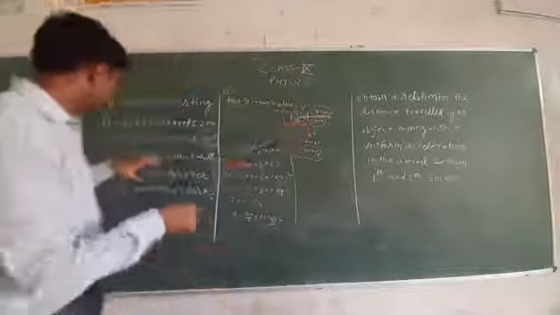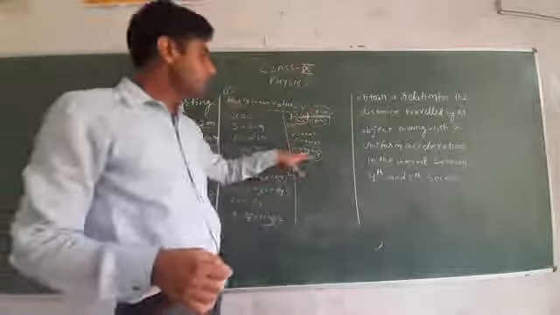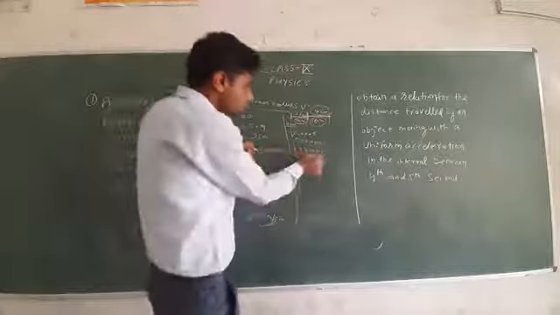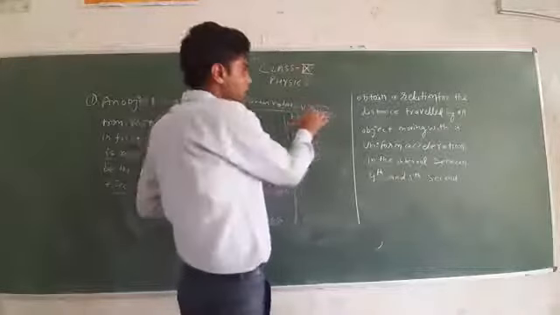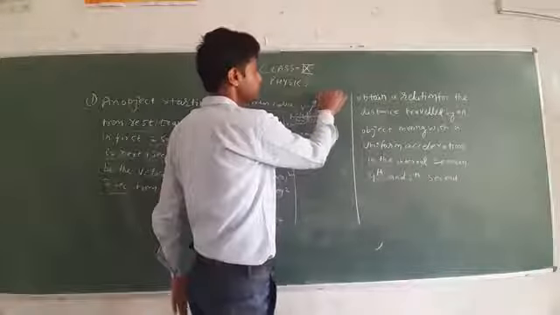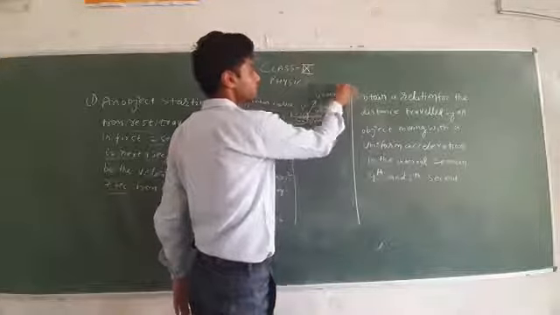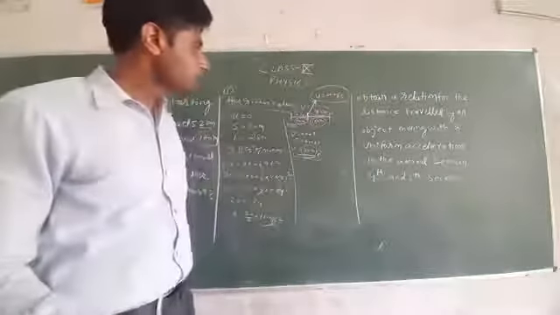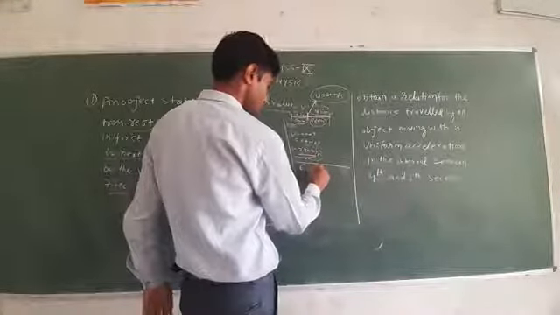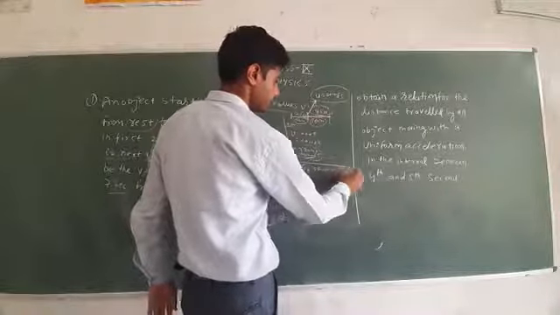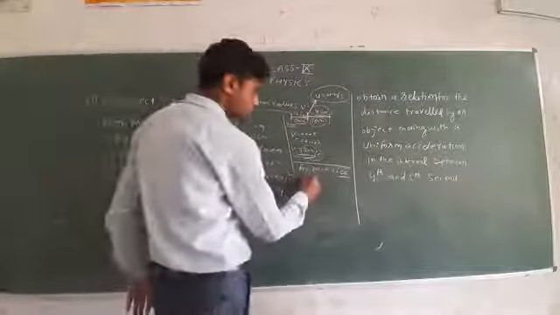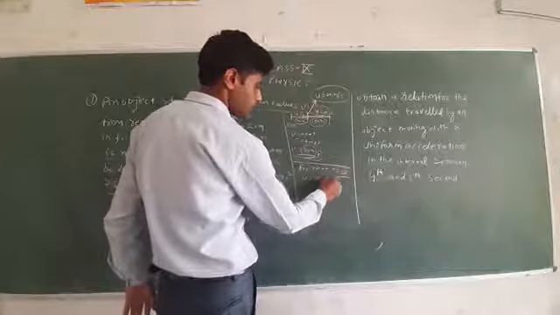But for the next 4 seconds, this final velocity of 20 meter per second behaves as the initial velocity. So for the next 4 seconds, u is 20 meter per second.